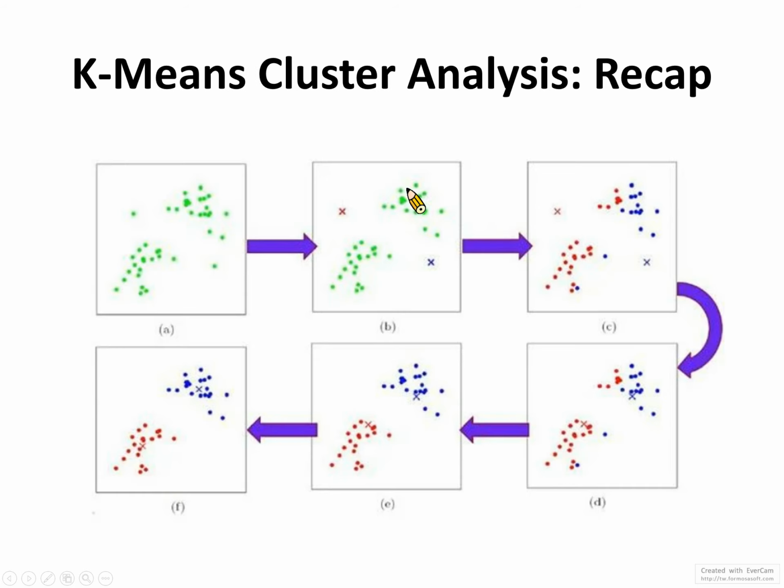Okay, so let's recap the whole algorithm of K-means cluster analysis. In the first step, we don't know the cluster patterns of this data. For example, we decide that we want to divide this data into two clusters. Then we will put two random data points on this data map.